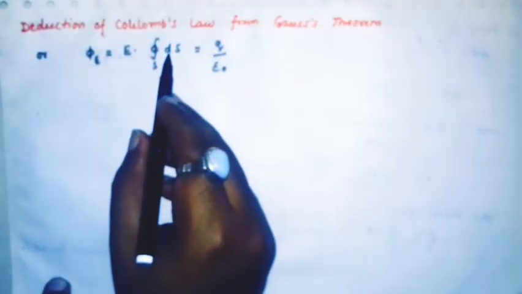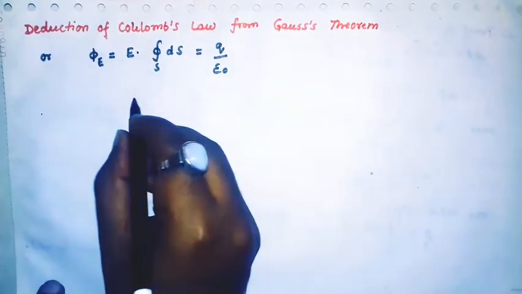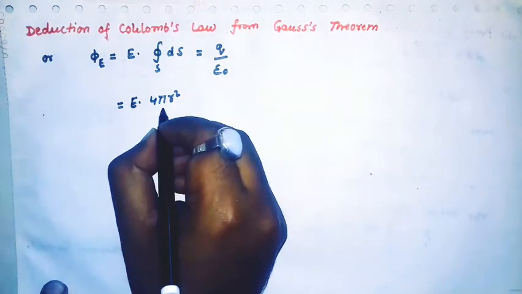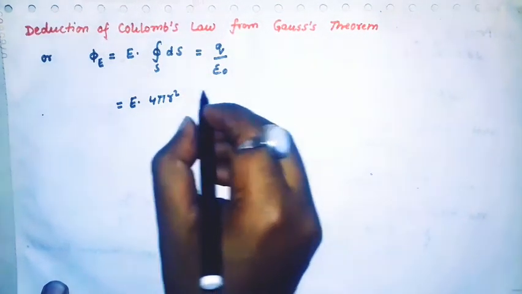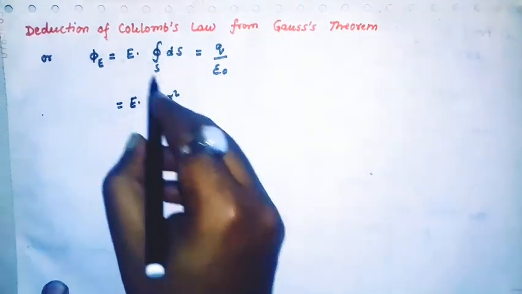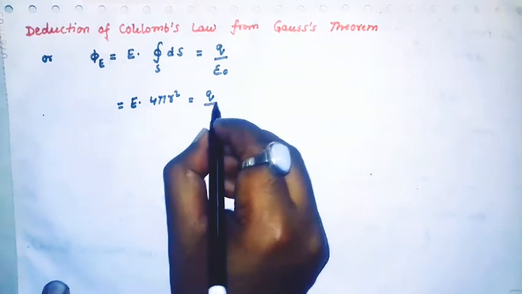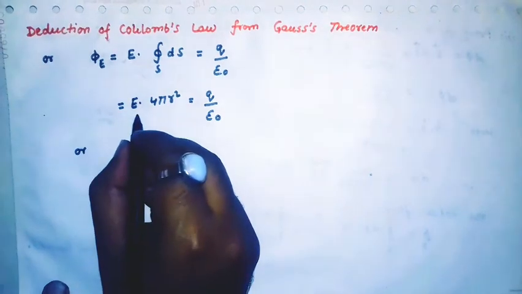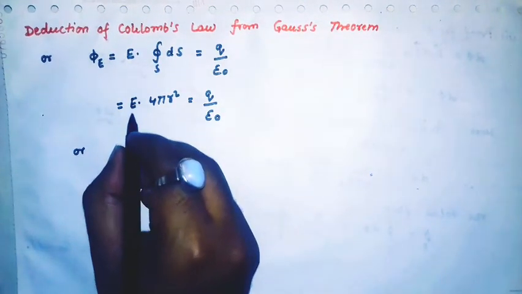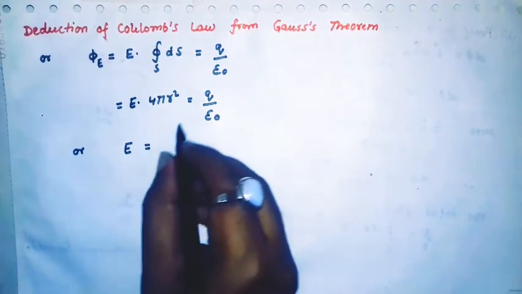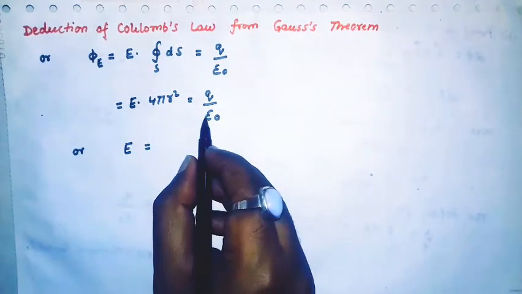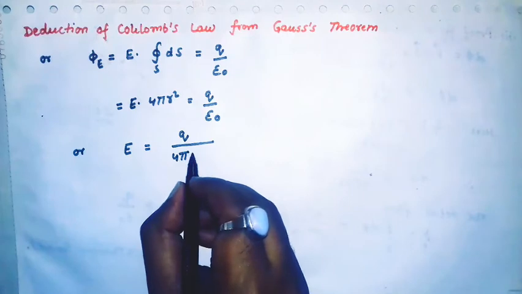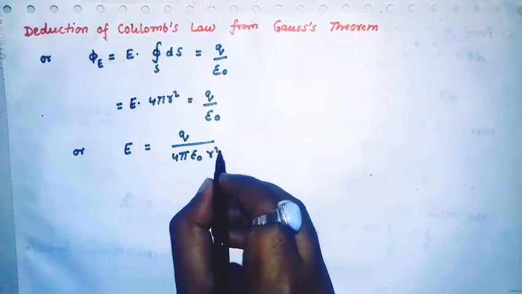The surface integral over the total surface will be given by 4 pi r square in case of a sphere or symmetric surface, and therefore E into 4 pi r square equal to q upon epsilon naught, or we may write it as E equal to, bringing the 4 pi r square over here, q upon 4 pi epsilon naught r square.